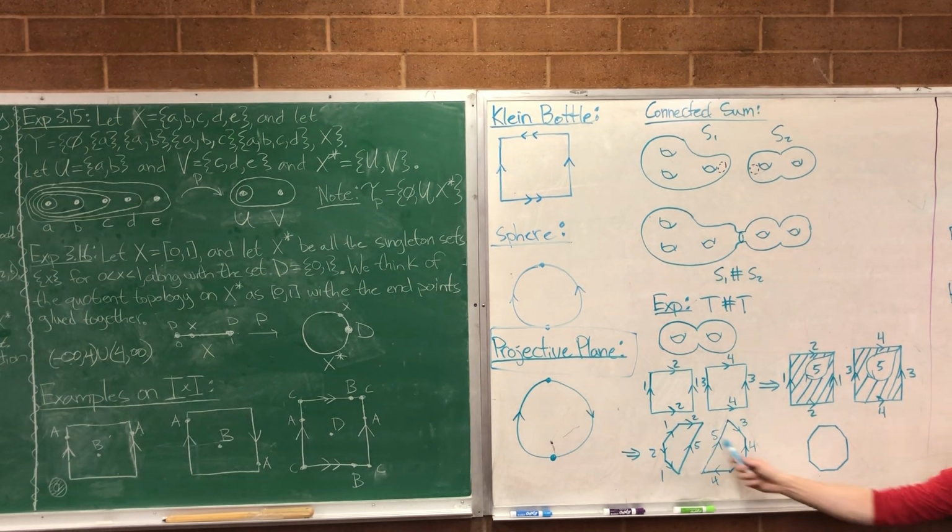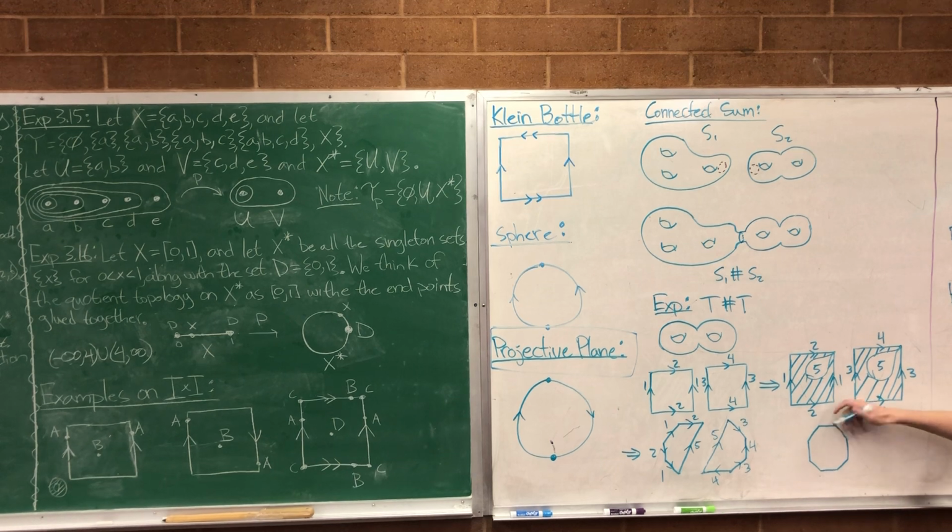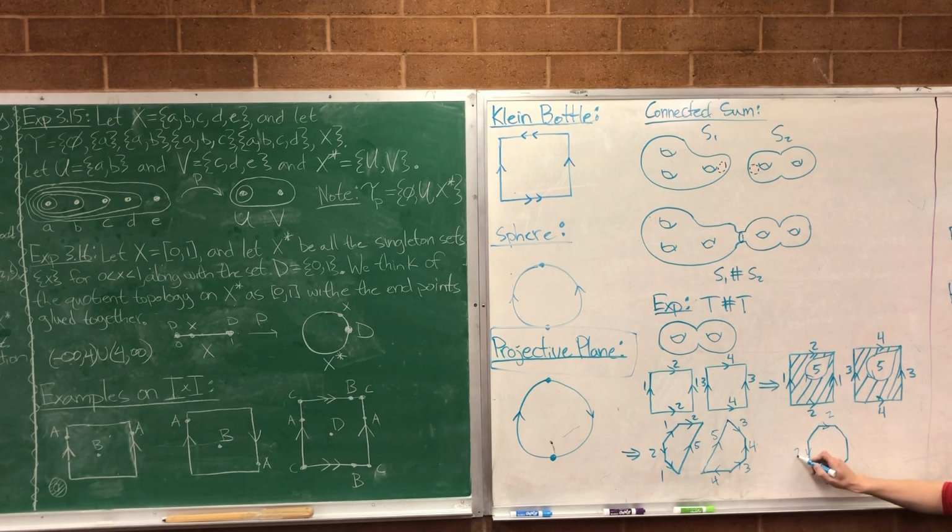So now I associate those 2 sides together. Now that side is associated with that side. 2, 2. There's 1. There's 1. That side's associated with that side, 4. That side's associated with this side, 4.